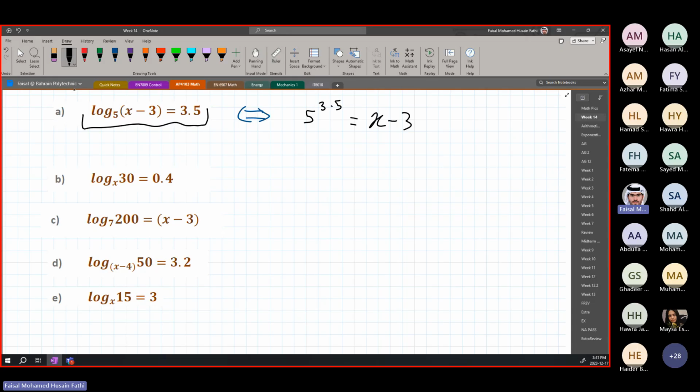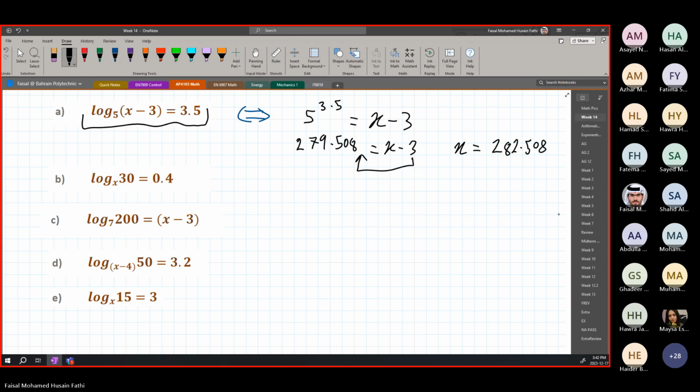Same thing here. If we want to solve this very quickly, 5 to the power of 3.5 is going to be equal to 279.508, equal to x minus 3. And the 3, you take it to the other side. So x is equal to this plus 3, which is 282.508.